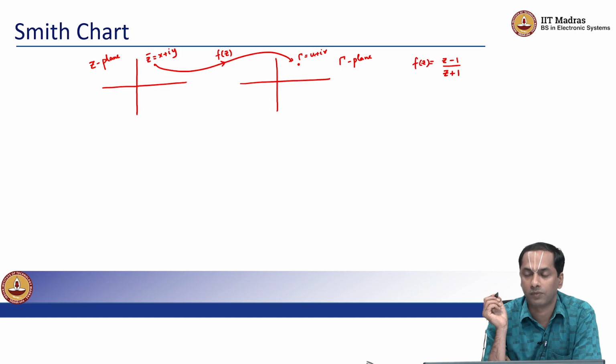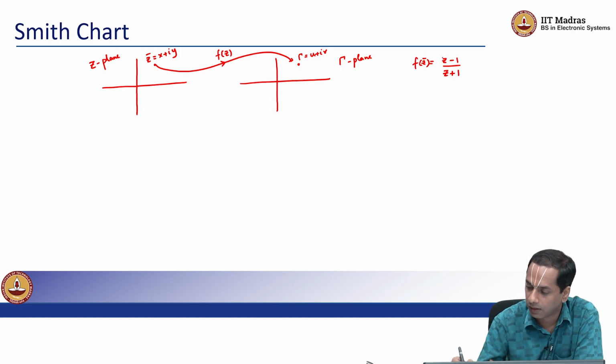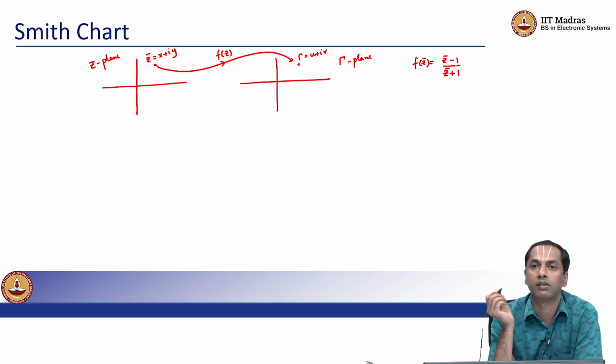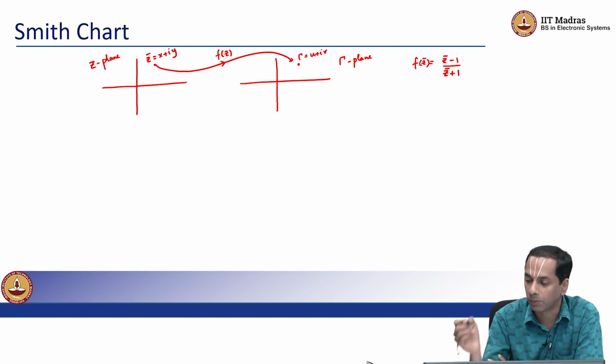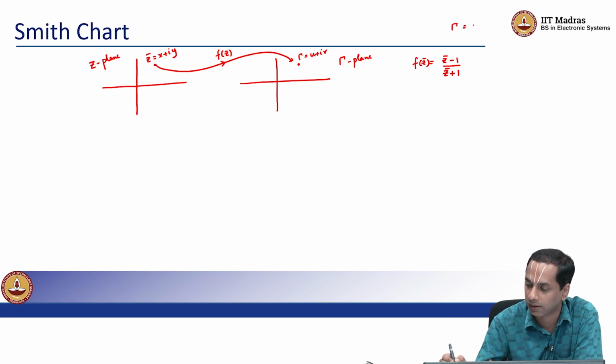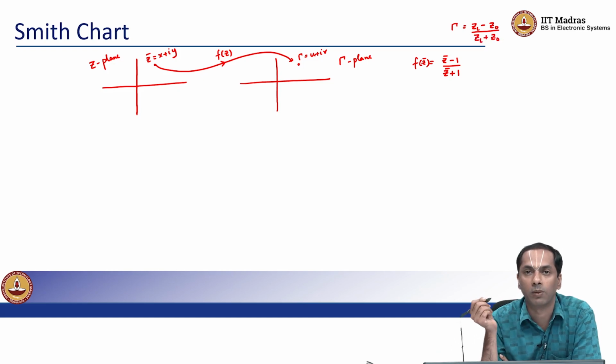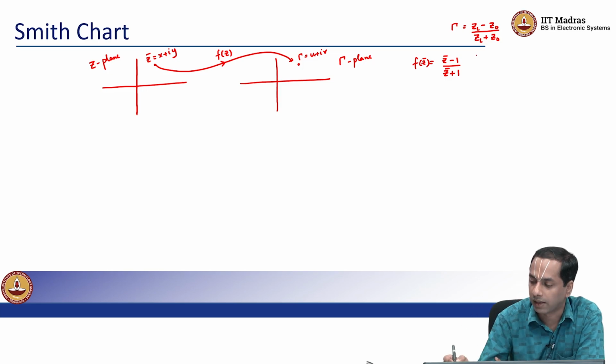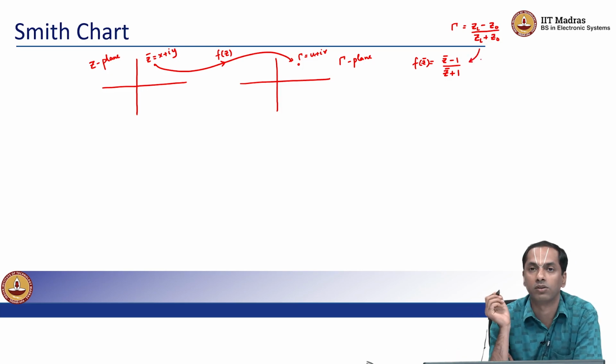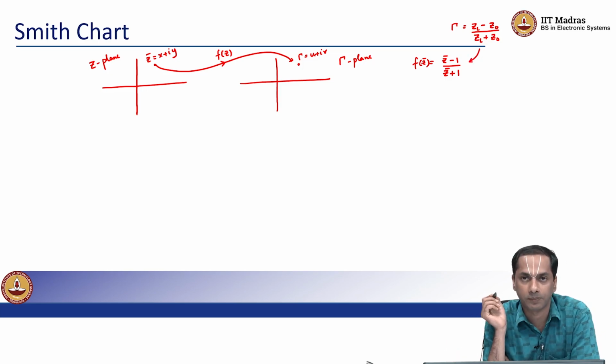Here I'm essentially looking at the normalized form. Remember that gamma was written as ZL minus Z0 by ZL plus Z0. Now if I divide the numerator and denominator by Z0, I'll get the normalized impedance, a form similar to this.